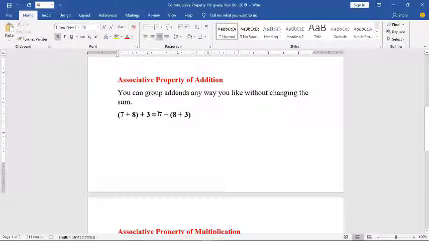Let's see the other side. Here I group 8 and 3. I put them inside the parentheses. 8 plus 3 is 11. 11 plus 7 is 18 too. You can group addends any way you like without changing the sum.